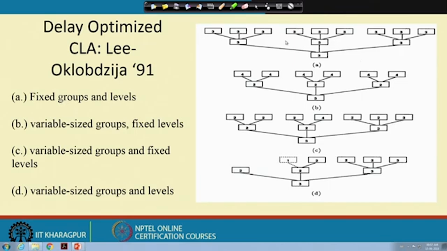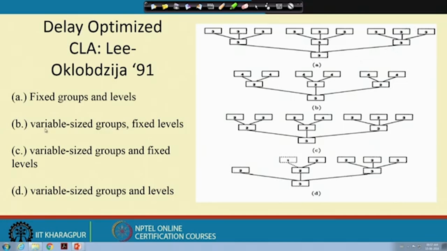That means the input to the gate is 3, then a total of 9 bits, again ORed with this. This is one structure. Fixed groups and levels means each of these follows the same number.